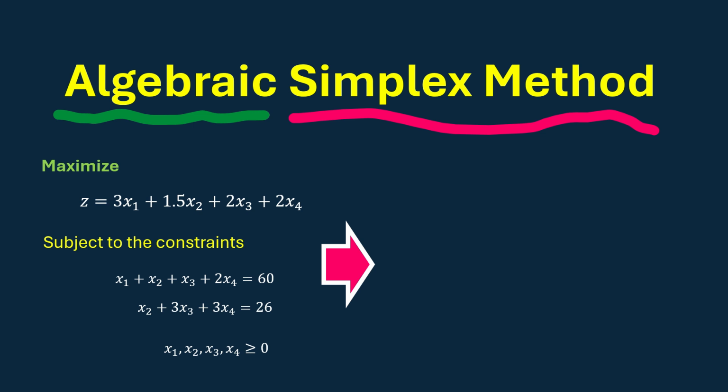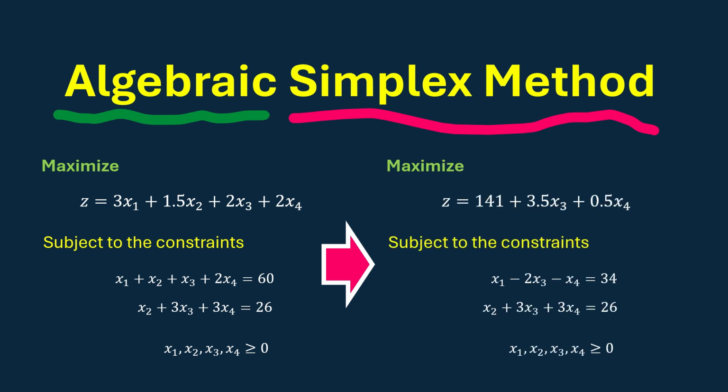After some manipulation, we can write the canonical form, and we can see that in this form the objective function is written purely in terms of non-basic variables, and each constraint has exactly one basic variable with coefficient 1.